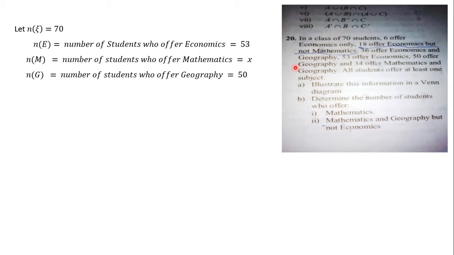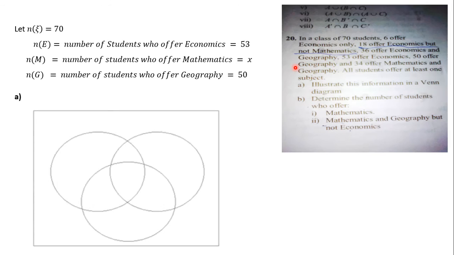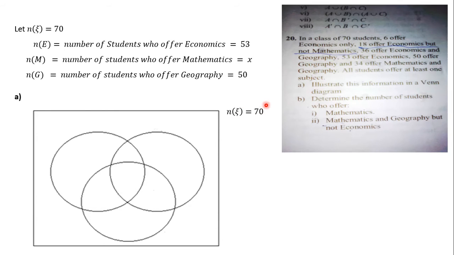So the Venn diagram is drawn, and then we will start filling the parts. The universal set is here. Then the number of economics too, we are choosing the first circle. The full circle here is for economics.